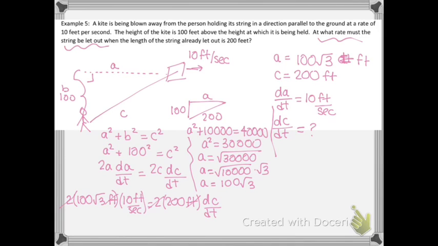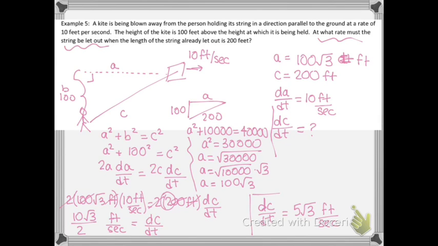I can actually divide both sides by 100, and that gets rid of these 2 zeros here, and it would get rid of 2 of these zeros here. So on the left, we have 10 root 3 feet per second. On the right, we just have 2 dc dt, and so I'm just going to divide that 2 over to the left. So this 2 that's left from the 200 divides over to the left. So dc dt comes out to 5 root 3 feet per second.